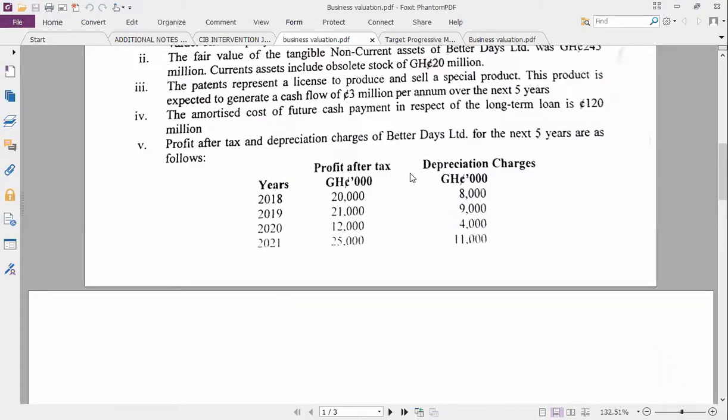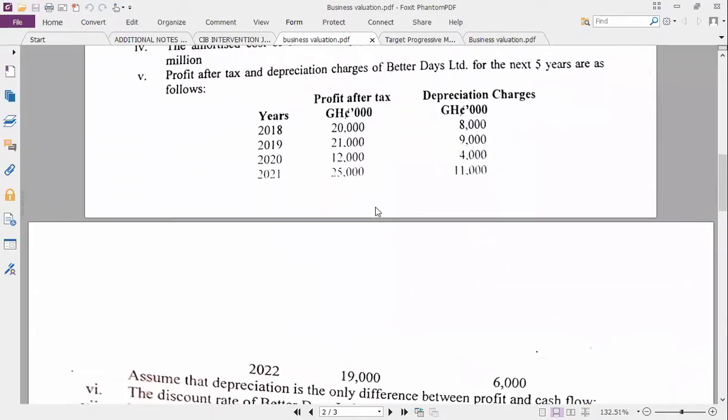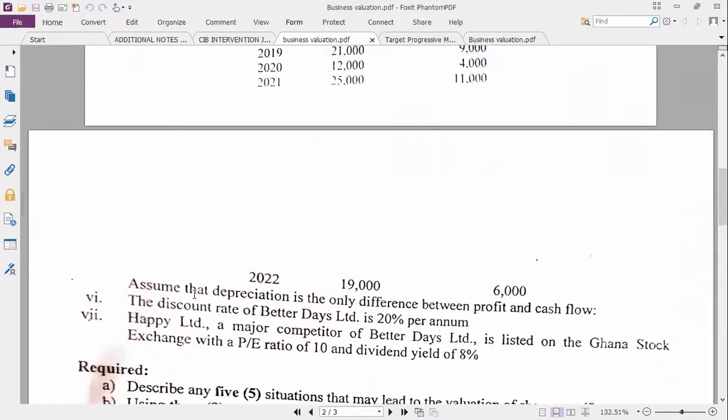So you just have to add the depreciation back to all of them, and then you discount it. Okay, so it's up to 2022 for the next 5 years. Assume that depreciation is the only difference between profit and cash flow. Yes. We are looking for cash flow, not profit. So that is it.